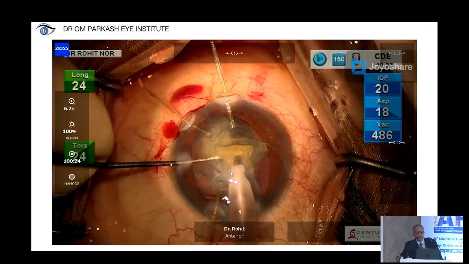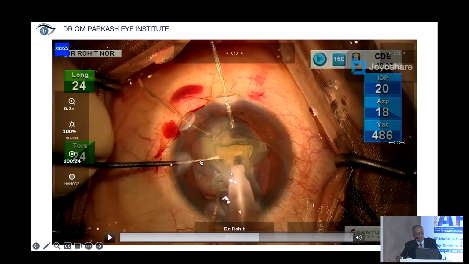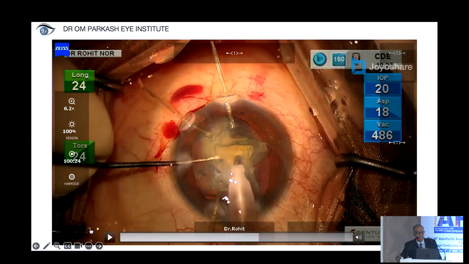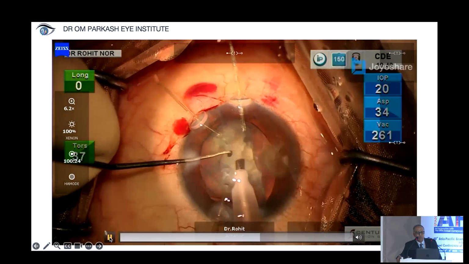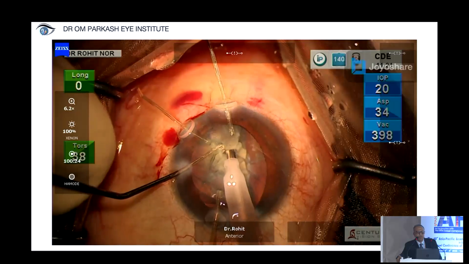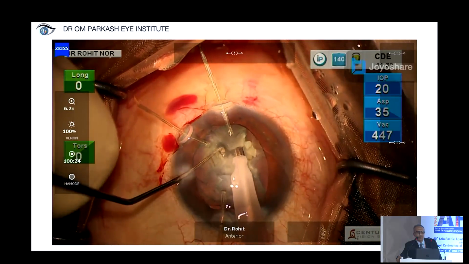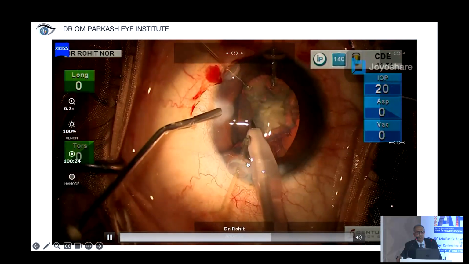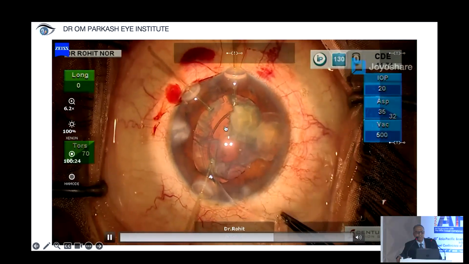This hard nuclear fragment is tenting up this area and helping me delay the insertion of a CTR. This we published in JCRS way back in 2019. You will find that I'm continuing to cover this area. So this is another very small thing which you should bear in mind: stable chamber settings.